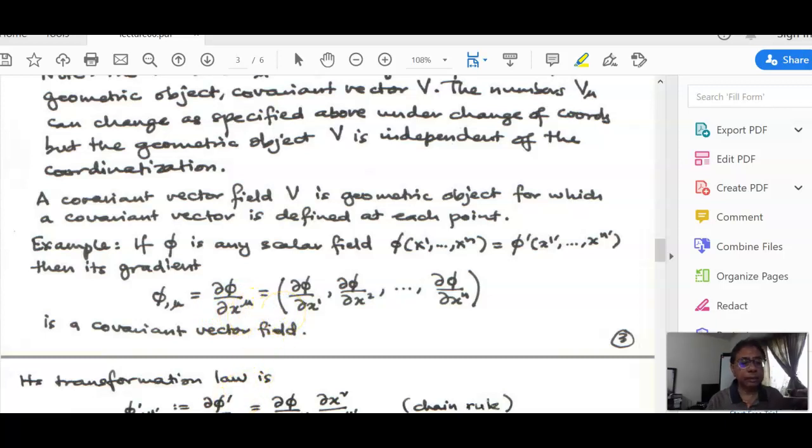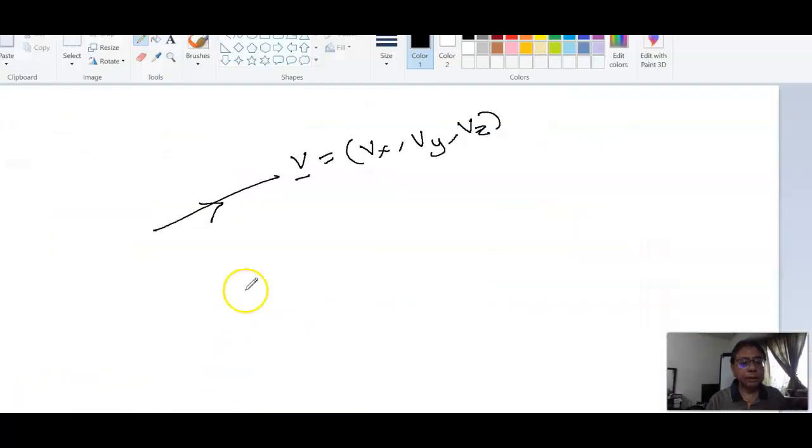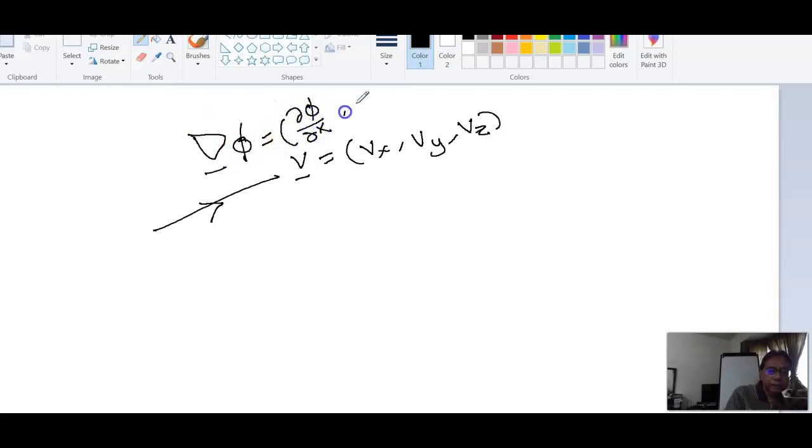So you remember in the three-dimensional case, what you have is essentially del phi. So this gives you d phi dx and so on.